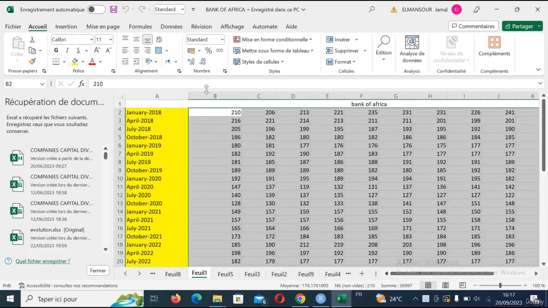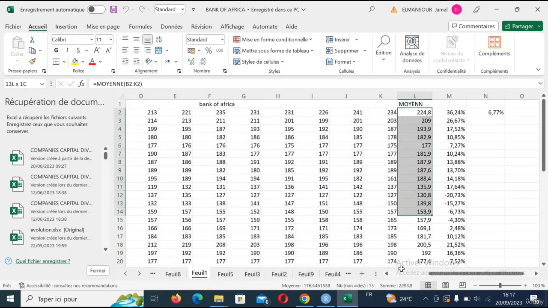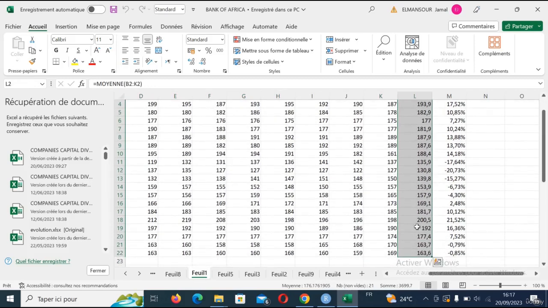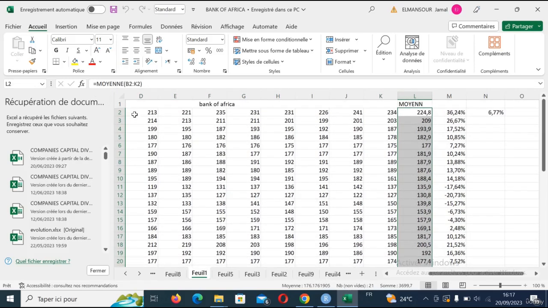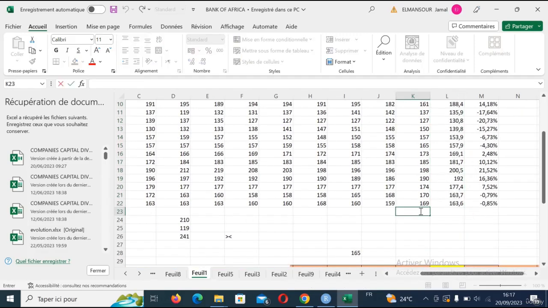For example, every trimester, here we have 10, we're going to have the same result if we calculate this one, because this one is the mean of all 10 values of the price of action. So primarily we're going to calculate the mean.